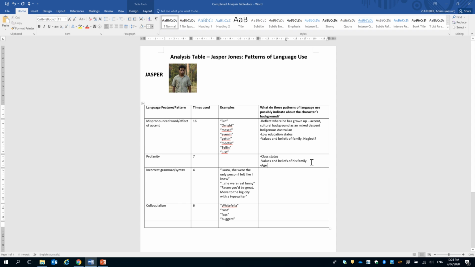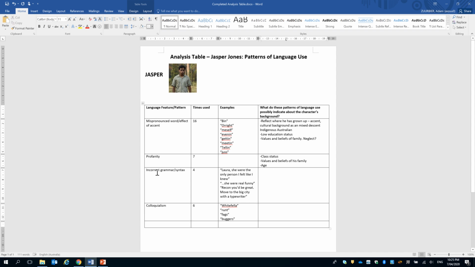And it could also indicate the values and beliefs of his family who have not corrected him on the use of that language. So it could reflect that about his background as well. Could also just be an effect of his age.